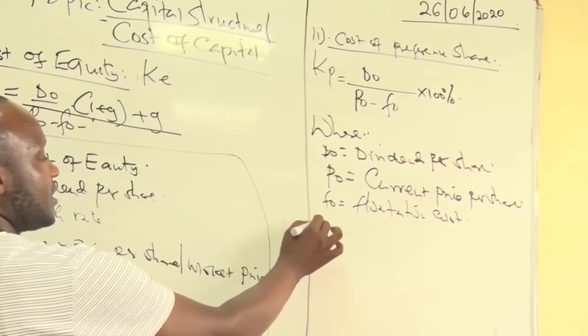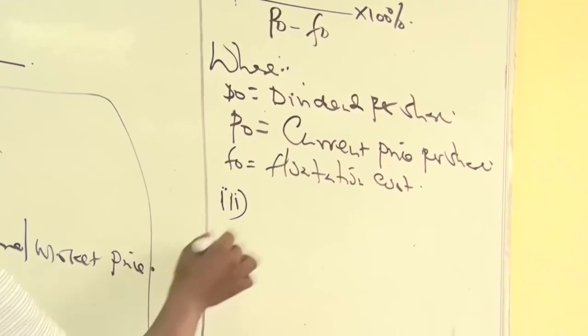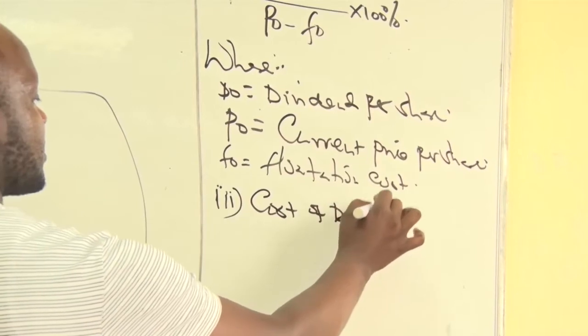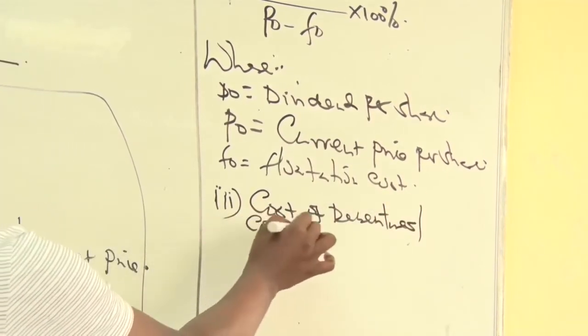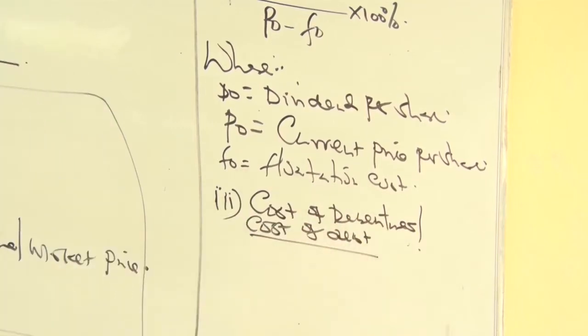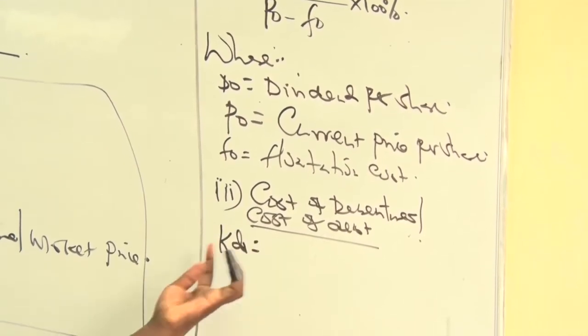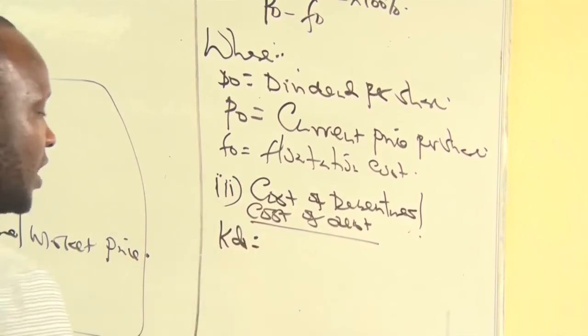Number three, another cost we look at is the cost of debentures, sometimes called the cost of debt, which is KD. How do you get that one?